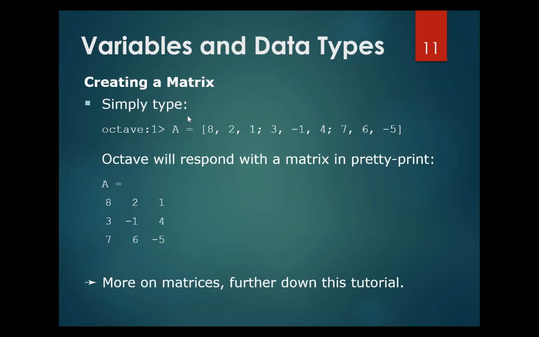You use equal to as assignment. You are assigning the matrix to a variable A. And when you hit the enter key, this is how it will display in Octave. A is equal to, this is the matrix, nicely done. We will get to how to create matrices, so don't worry about that.